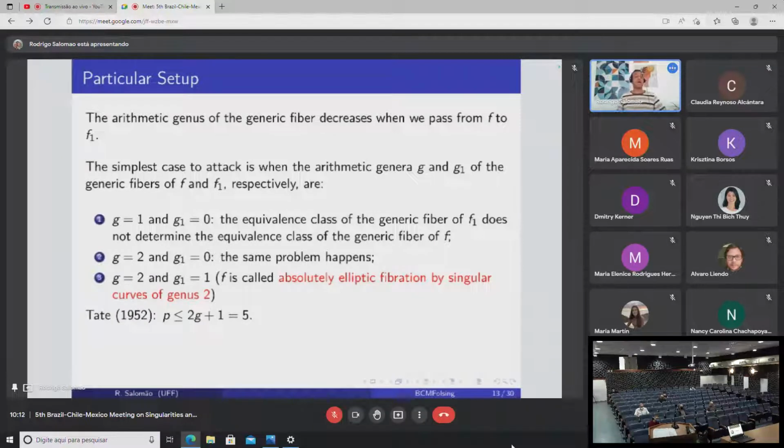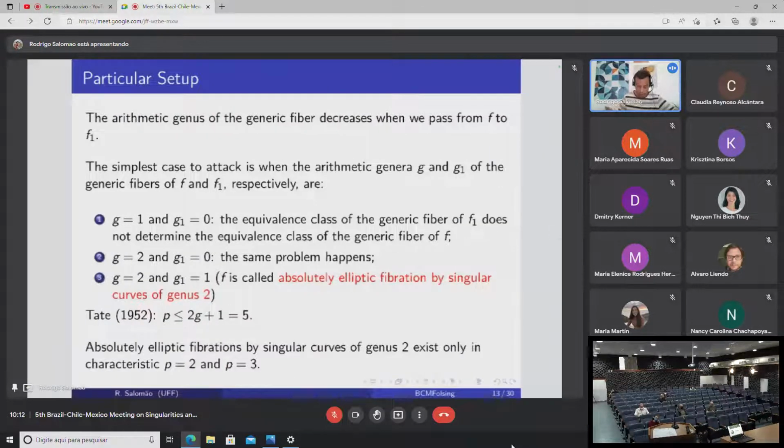And by a bound obtained by Tate, the characteristic must be smaller or equal to 5, okay? However, it's possible to show that absolutely elliptic fibration by singular curves of genus 2 exist only in characteristic 2 or 3, and we will focus our attention here to the case p equals 3.